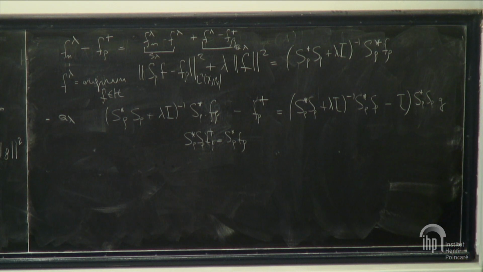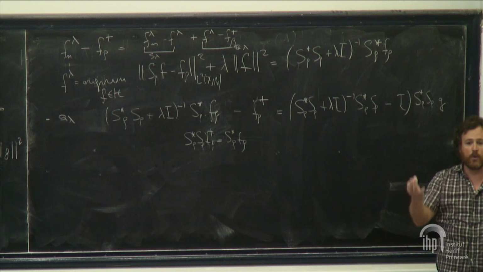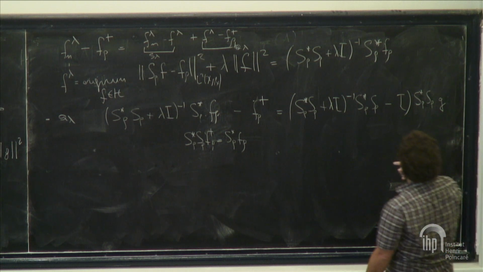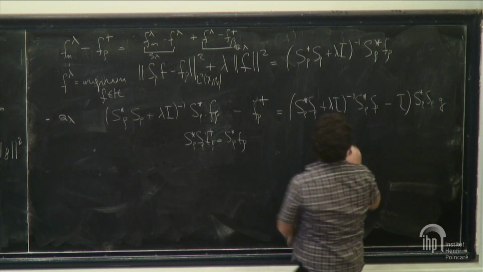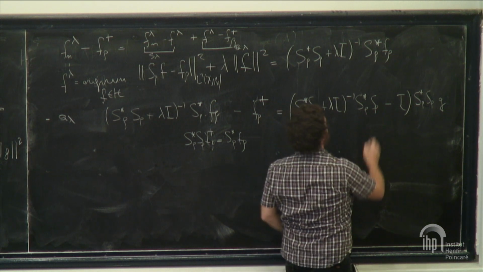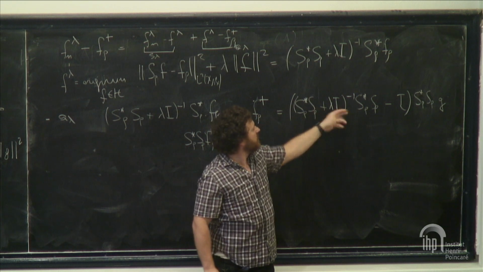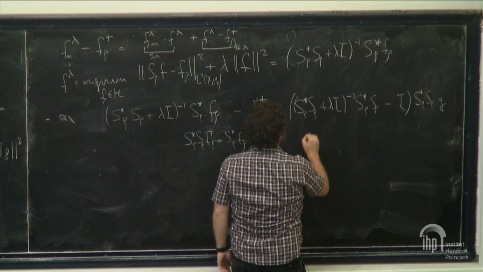What do you have to do now? Estimate the norm of this operator. It's a bounded operator. It's always the same quantity. You just want to take the sup norm of this operator and compute what it is. If you want, you can do a middle step where you simplify this a little bit. If you take this times the inverse and you write it there, you can simplify this a little bit.